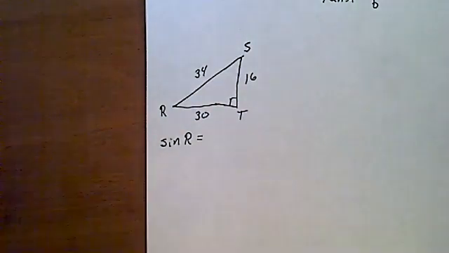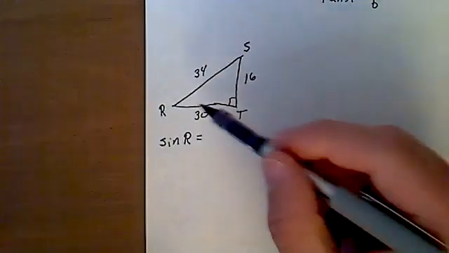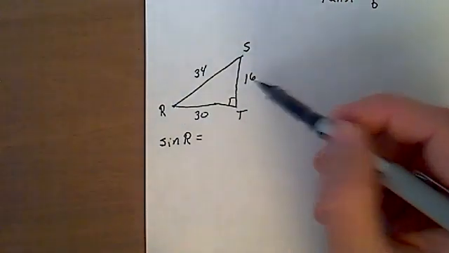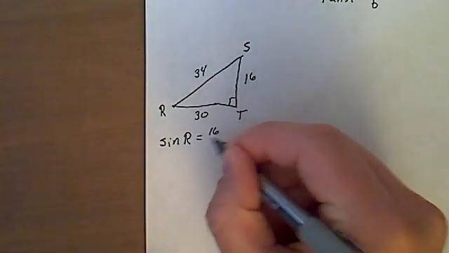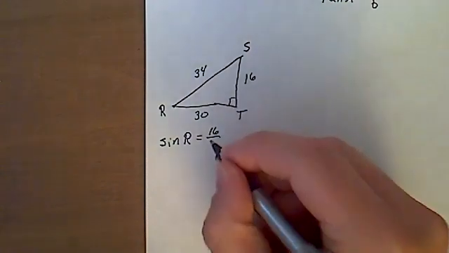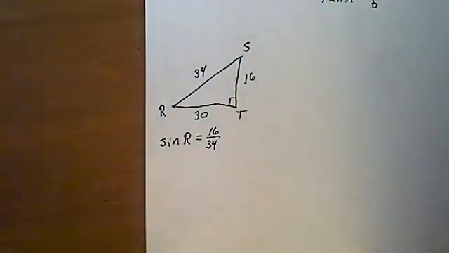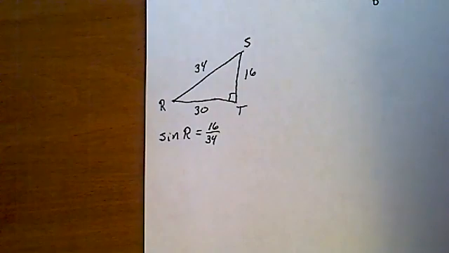So again, I'm going to say it again. Remember, SOH, right? The sine of an angle is the opposite over the hypotenuse. The opposite side to angle R is 16. The hypotenuse is 34. We might simplify that.